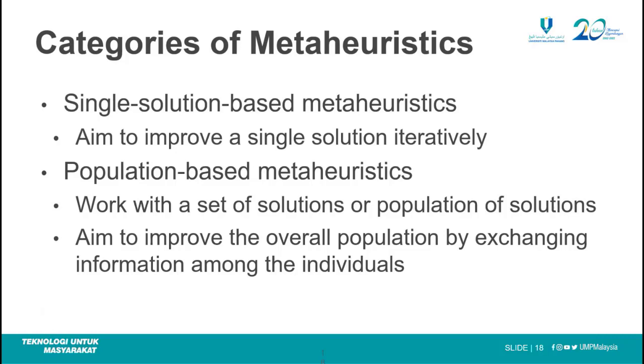But for population-based metaheuristics, a set of candidate solutions is assigned to explore the search space. The search space here refers to the possible combinations of decision variables that we want to test. Okay.